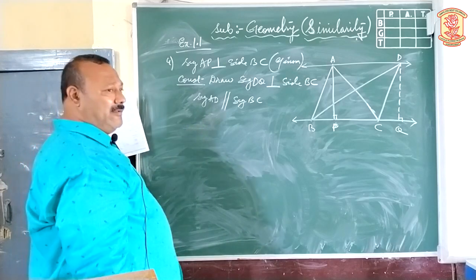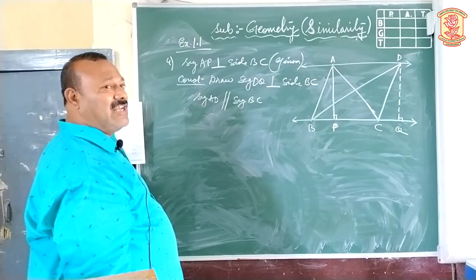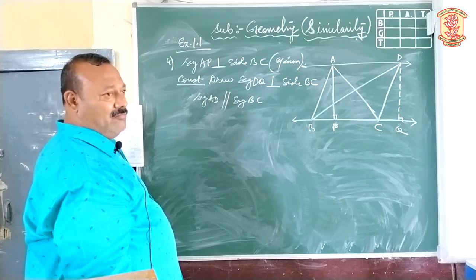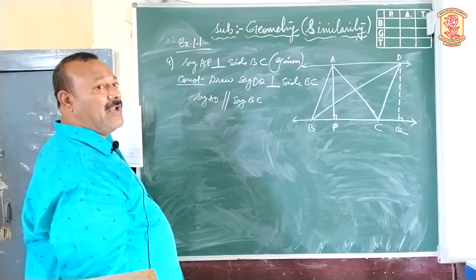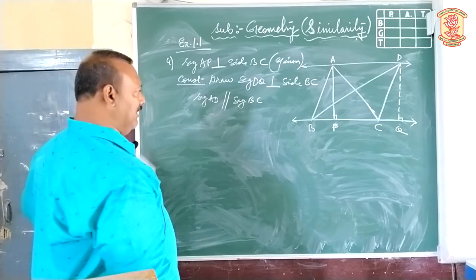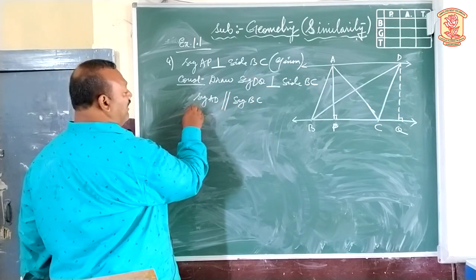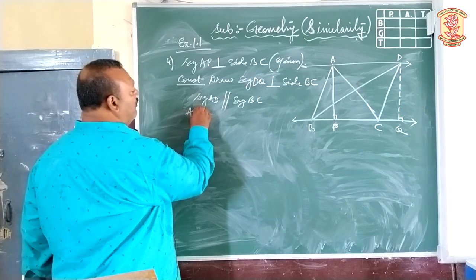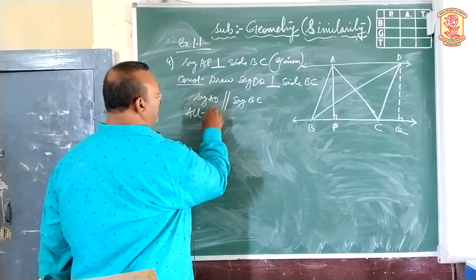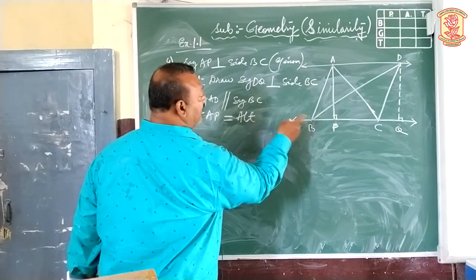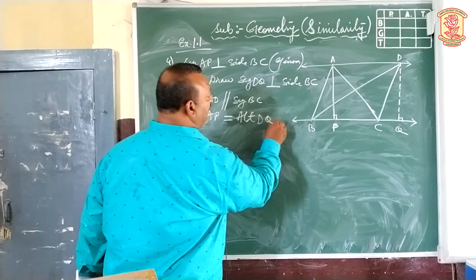We know the property: whenever two lines are parallel, the distance between these two parallel lines is always equal. Which is the first altitude? H1. For example, altitude AP will be equal with the other altitude, DQ.